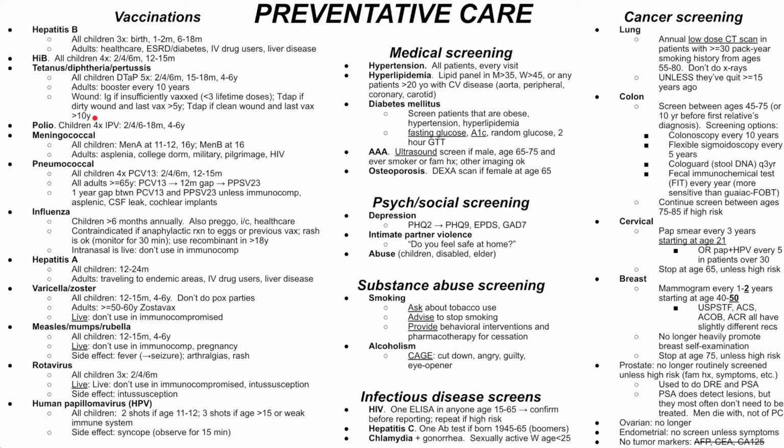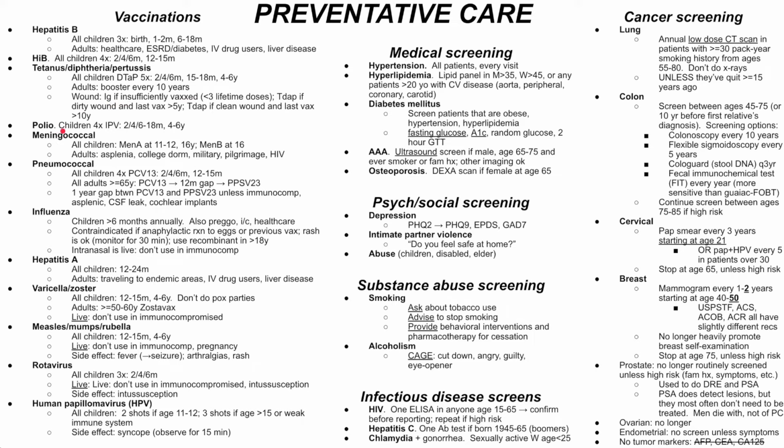So that's your threshold for giving a booster shot for somebody that comes in with a wound. If it's a clean wound, last vaccine was more than 10 years ago, you want to give a booster. If it's a dirty wound, last vaccine more than 5 years ago, give a booster. And if the person hasn't been sufficiently vaxxed, you want to give a booster as well as this tetanus immunoglobulin.